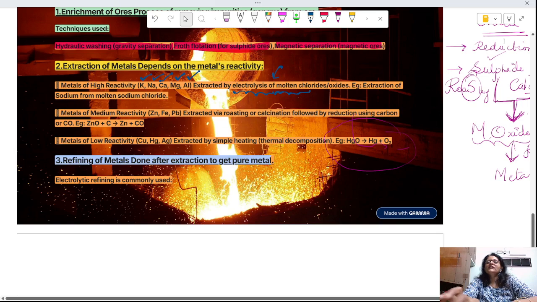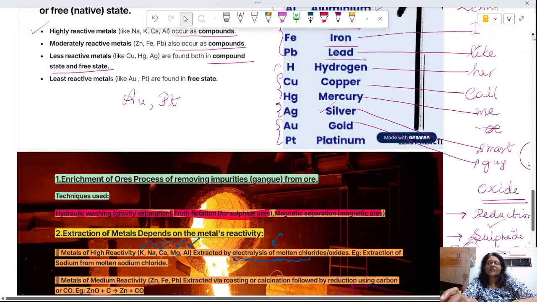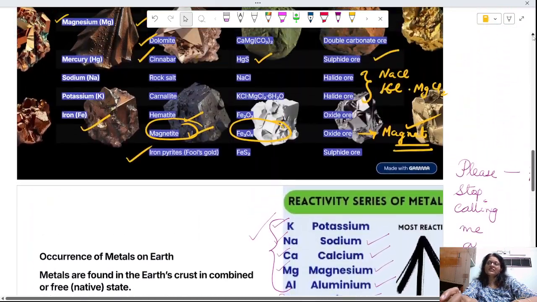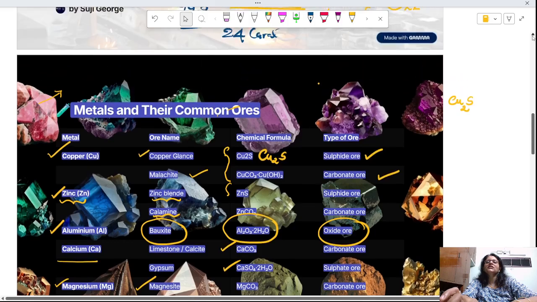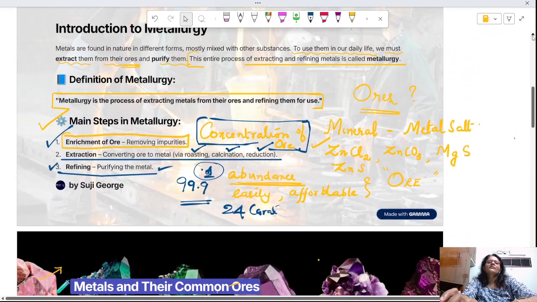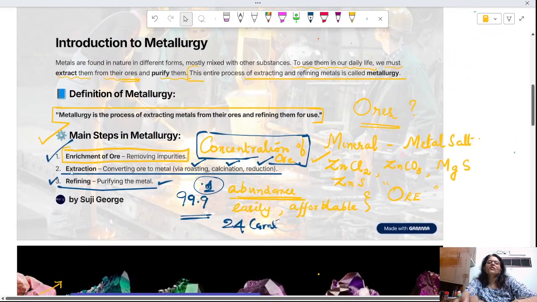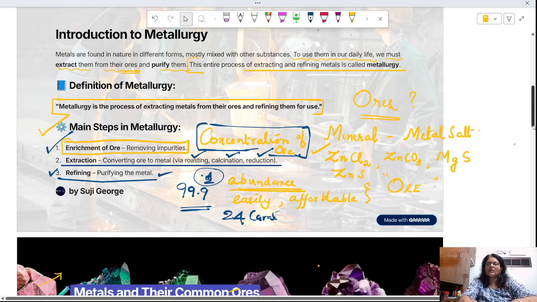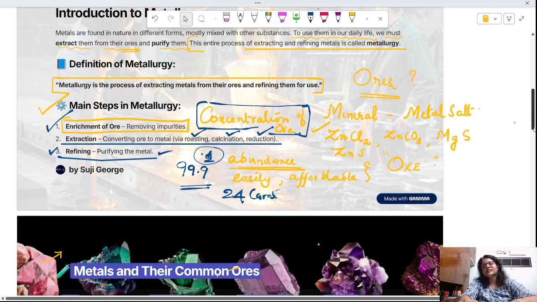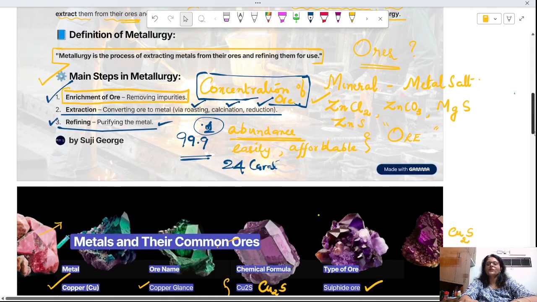For metallurgy to happen, there are three processes needed: first the enrichment of ore, then extraction, and then refining. Ores are minerals which are abundant in nature, easily extractable and affordable.